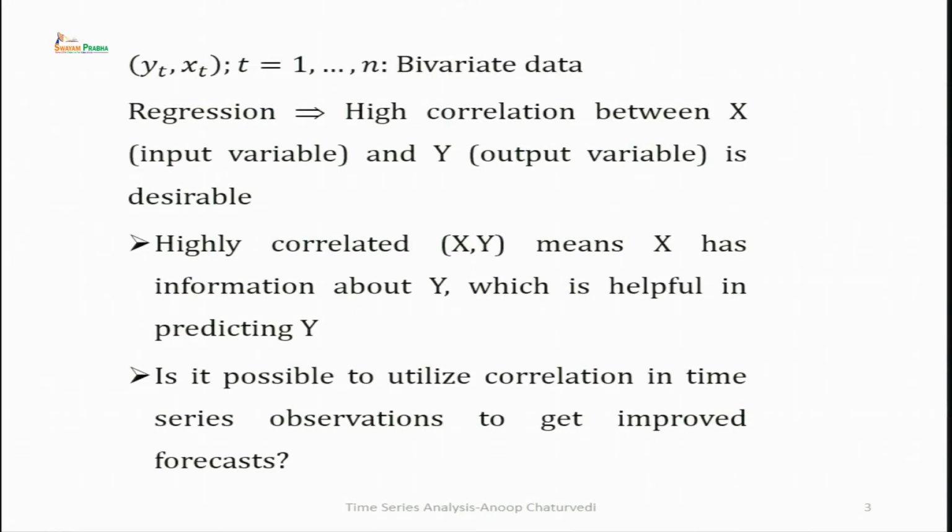You can exploit this correlation structure of the time series for providing improved forecasts. But if you want to utilize this kind of correlation structure, you cannot use the classical procedure for analyzing the time series.